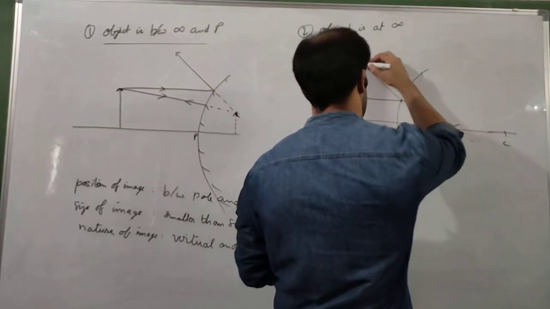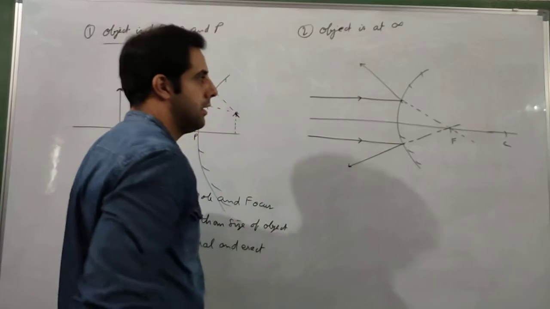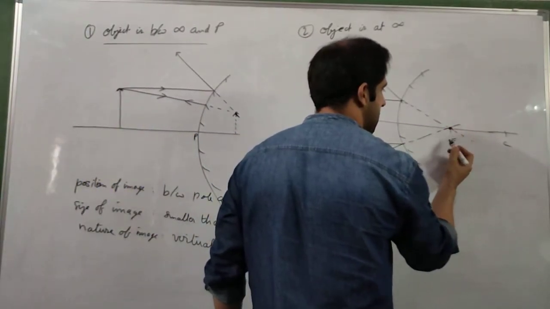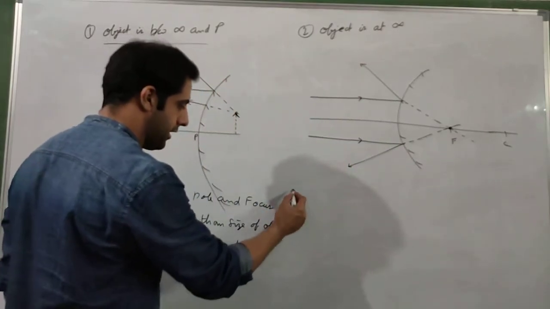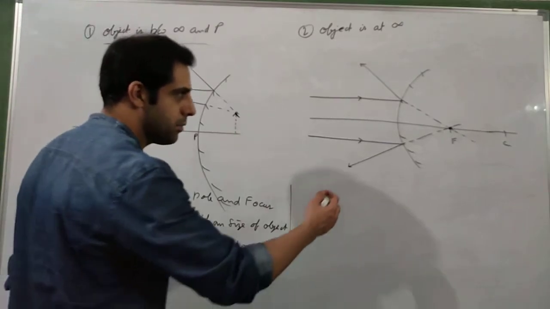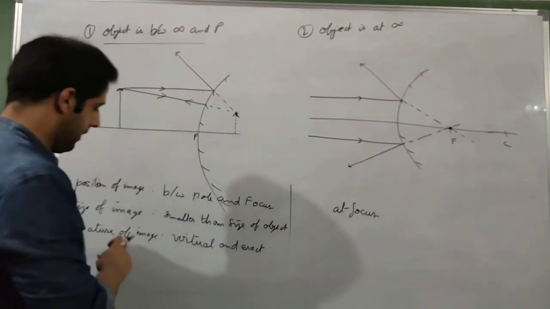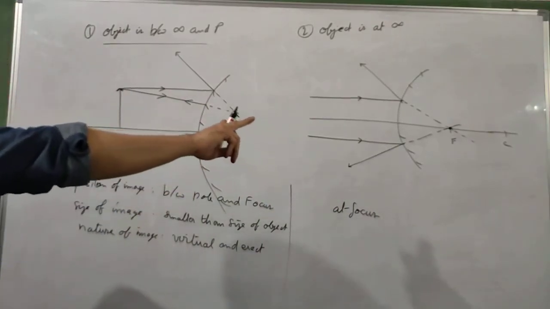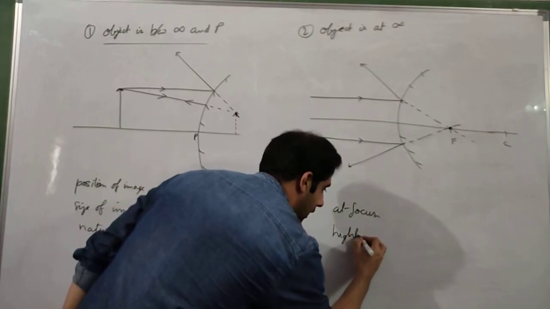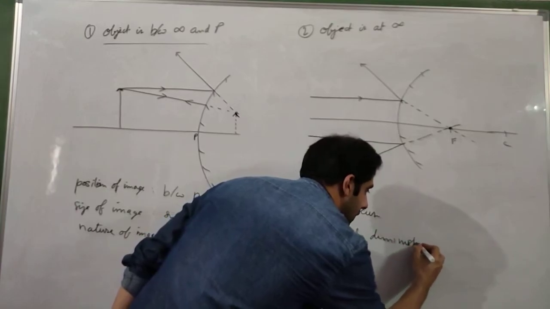So this ray you will draw like this, and this ray you will draw like this. So these are your reflected rays which appear to come from the focus. That means your image will be here at the point of intersection. And if we write the same three parameters, then first parameter, position of image, will be at focus. Size of image: now the size is point size, so we will write highly diminished.